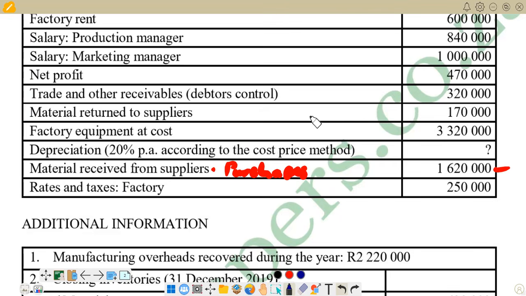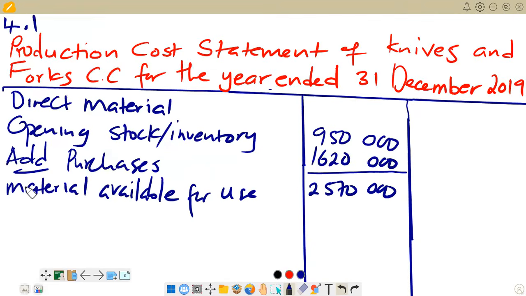Remember, in this section, we are calculating the material that has been used, and if they are being returned, it means they are not going to be used. So we are going to subtract them. We go back there and indicate that we are subtracting by writing less, less returns. The returns are 170,000.